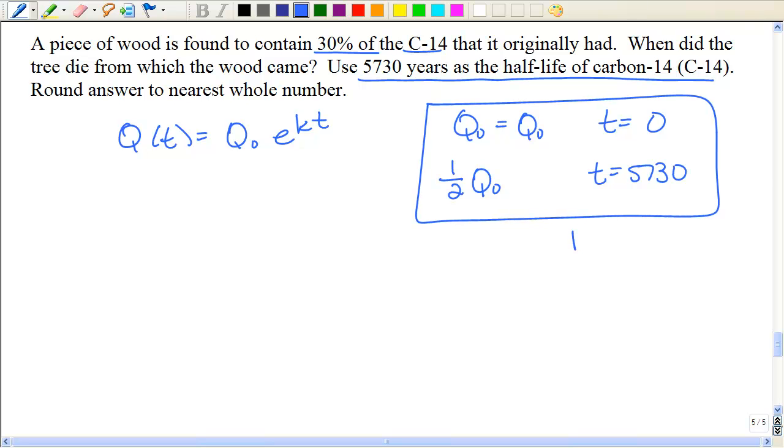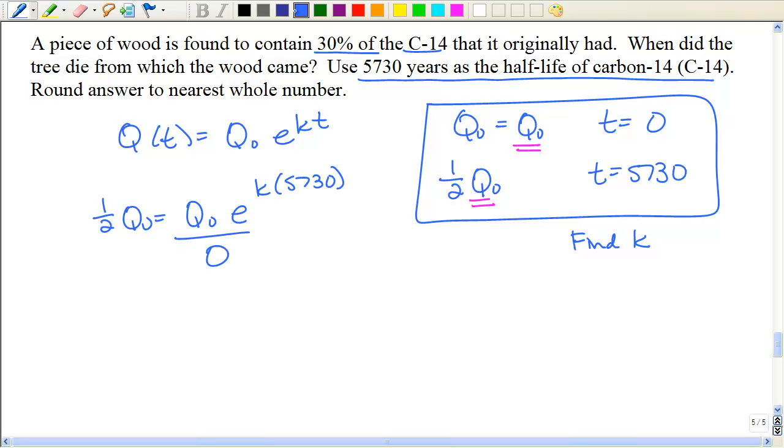And again, we're going to use this to find K. And just like in the last example, we don't know what that initial amount is, but we saw the algebra that that's going to cancel each other out. So we want half the initial amount in 5,730 years.